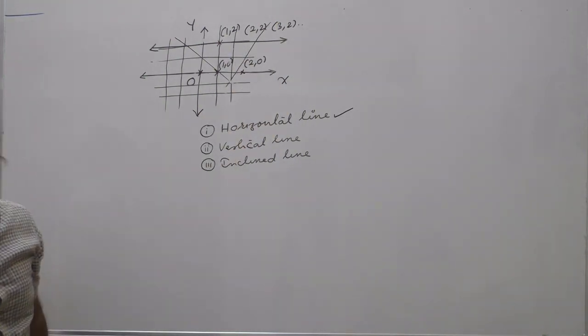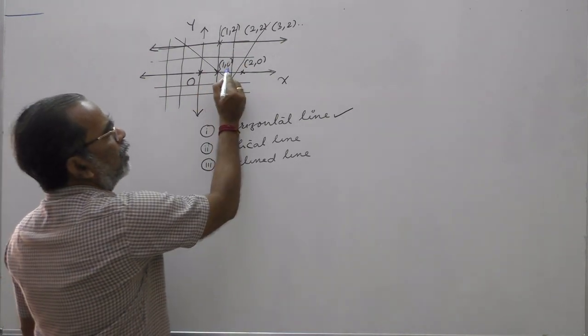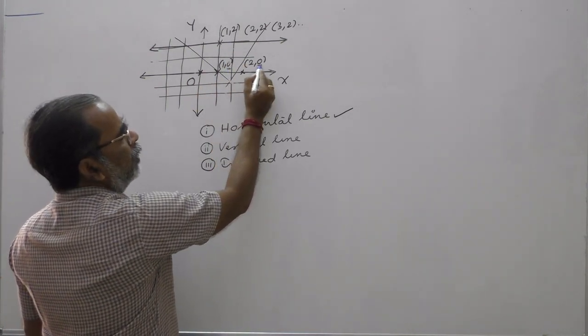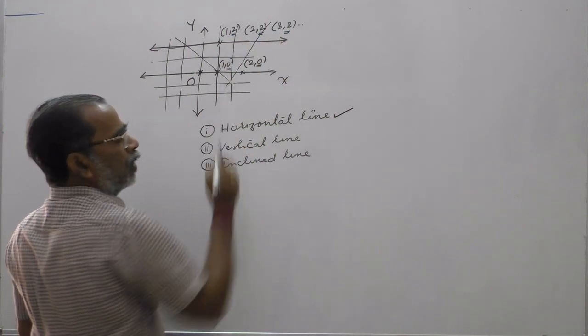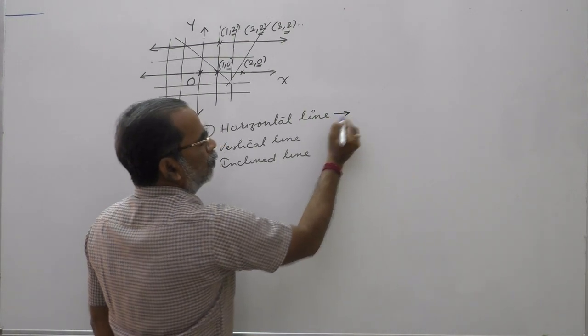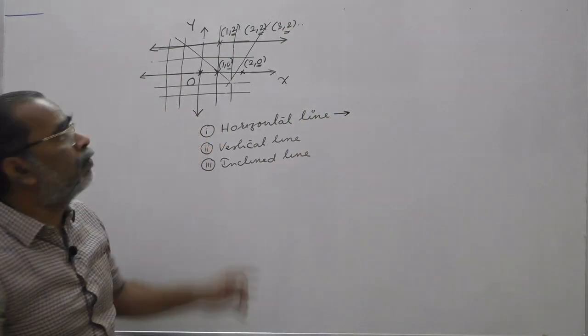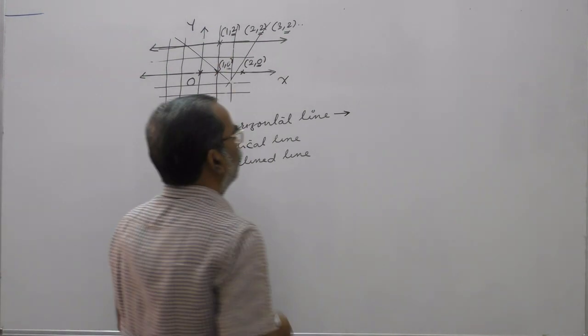What is our observation? If you take any horizontal line, then its y coordinates will be equal. That is, y coordinates of all the points on a horizontal line are equal.